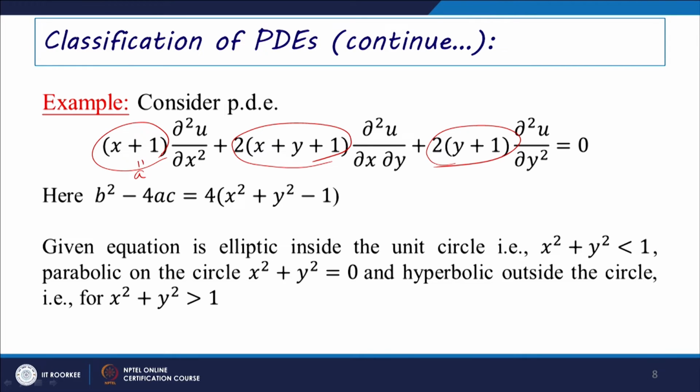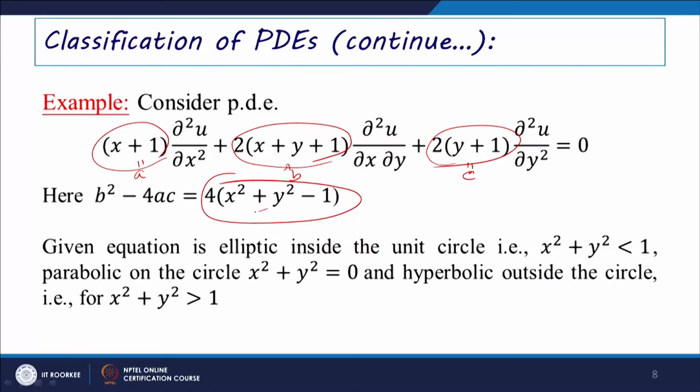So you can write a equals this, b equals this, and c equals this. So B² − 4AC, if you consider here, is nothing but 4(x² + y² − 1). So there itself we can justify that three conditions can be taken to define the domain where the system is parabolic, where it is elliptic, and where it is hyperbolic.